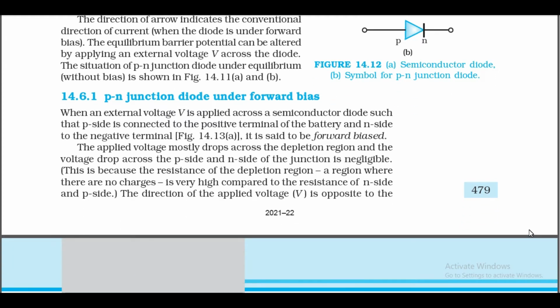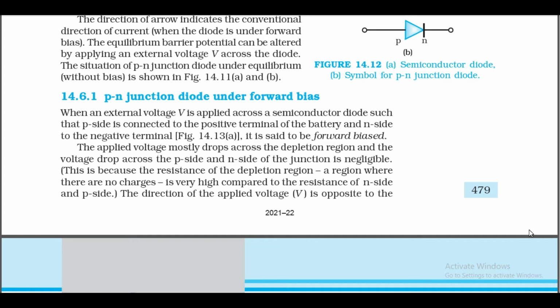14.6.1 PN junction diode under forward bias. When an external voltage V is applied across a semiconductor diode such that the P side is connected to the positive terminal of the battery and the N side to the negative terminal, figure 14.3a, it is said to be forward biased.